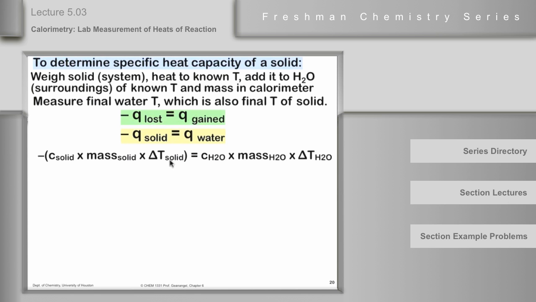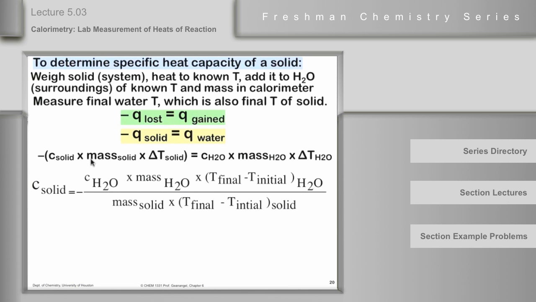If you want to solve this for the heat capacity of the solid, you divide both sides by the mass of the solid times delta T of the solid, and this is the expression you get. You can either memorize this, or you can remember how to set it up. If that's better for you, either way is okay with me.